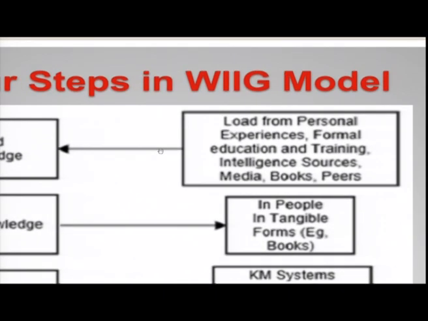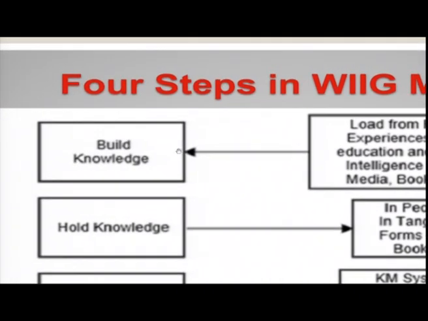Build knowledge is loaded from personal experience, formal education and training, intelligent sources, media, books, and from your counterparts, your peers, your friends, your colleagues. So you get the knowledge and you build the knowledge.